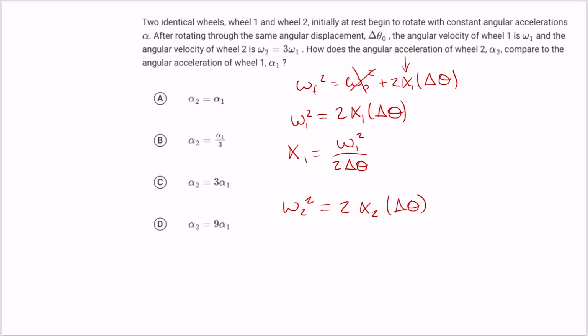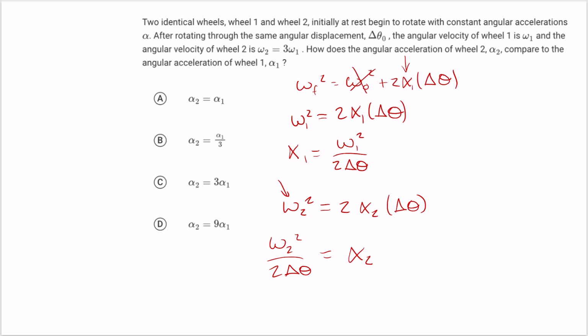The only difference is that we can rewrite omega 2 as 3 omega 1, which will allow us to find how the accelerations compare. I'll solve for alpha 2 first, then plug in 3 omega 1 for omega 2. It looks exactly like the top one: omega 2 squared over 2 delta theta equals angular acceleration 2.